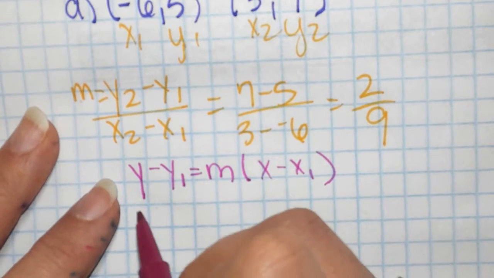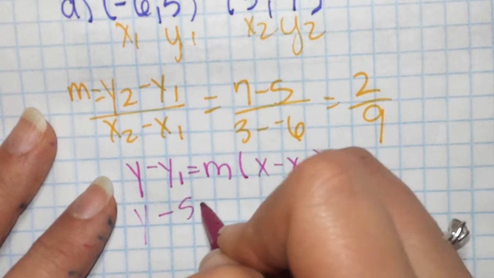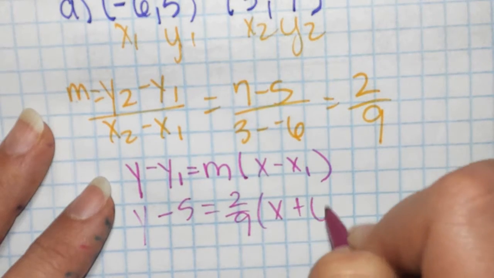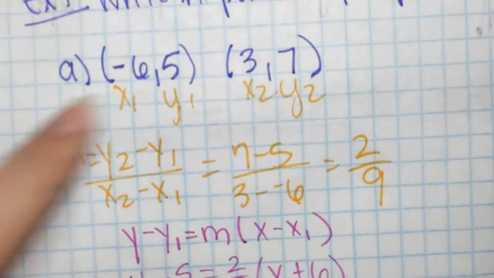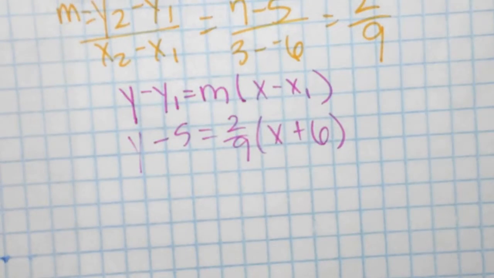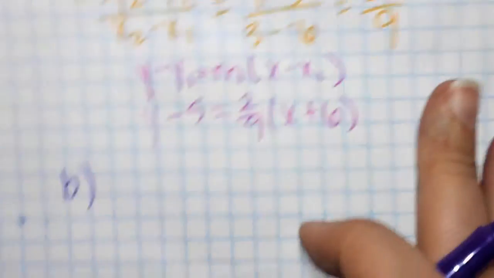Okay, what's y1? 5 equals 2/9 times x plus 6. Why is it plus 6? Because it's a negative. One more. And then homework.